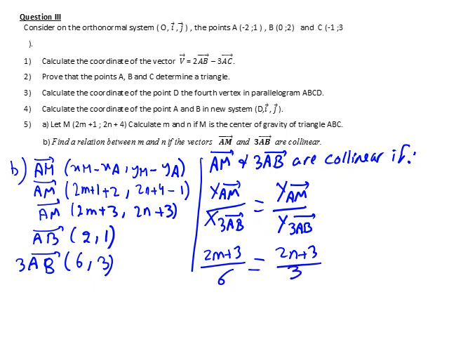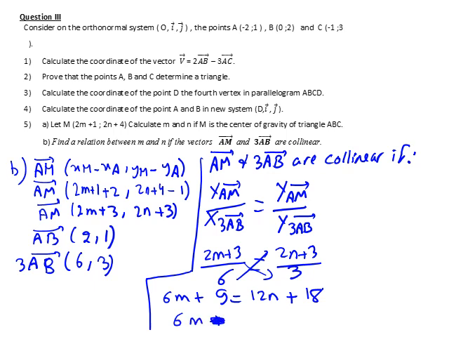Cross multiplication: 6M plus 9 equals 12N plus 18. So 6M minus 12N equals 9. This is a relation.